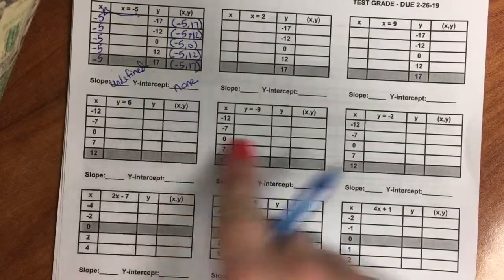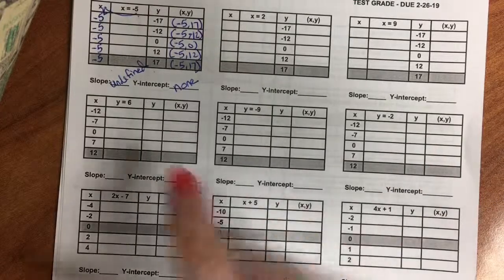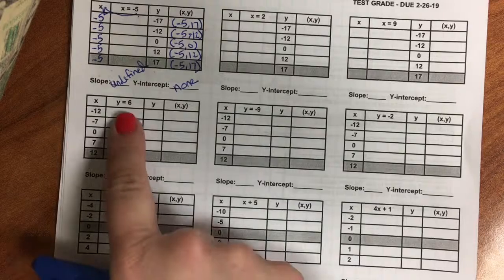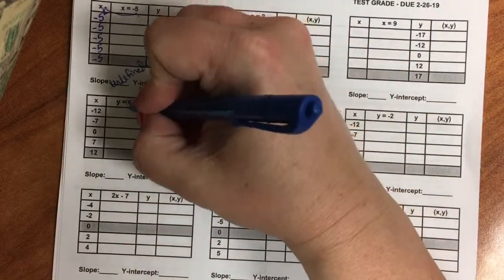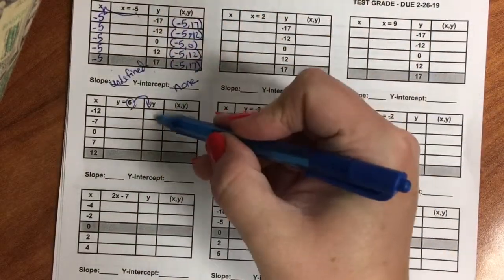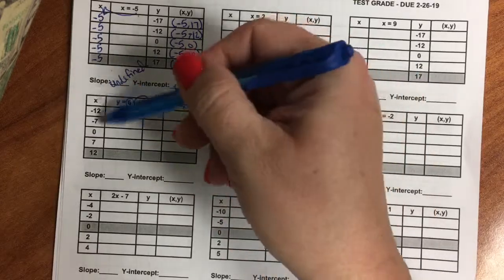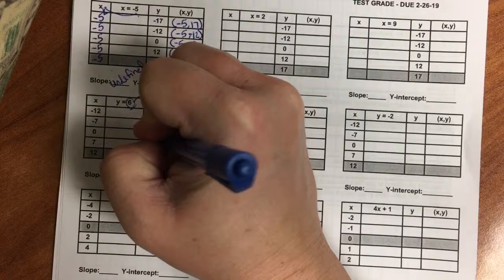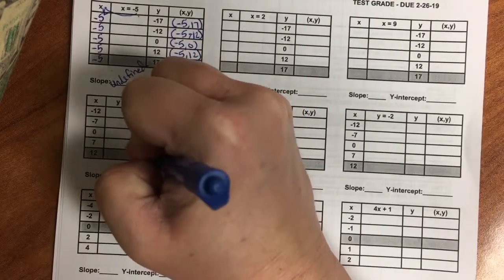The next 3, these say y equals something. Whatever your number is, you're going to write it 5 times where it says y equals. I've given you the x. Mine is 6, so I'm going to write this 5 times.